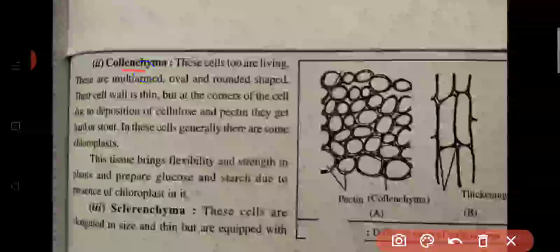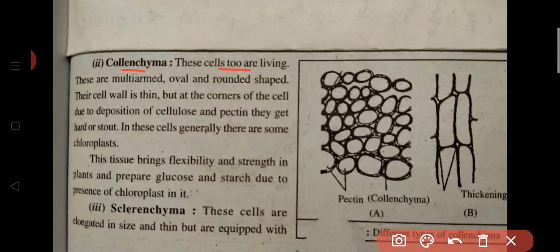These cells are living and multi-armed, oval, rounded shape. Their cell wall is thin, but at the corner of the cells, due to deposition of cellulose and pectin, they get hard and stout. In these cells, generally there are some chloroplast, so they also prepare food like Parenchyma.